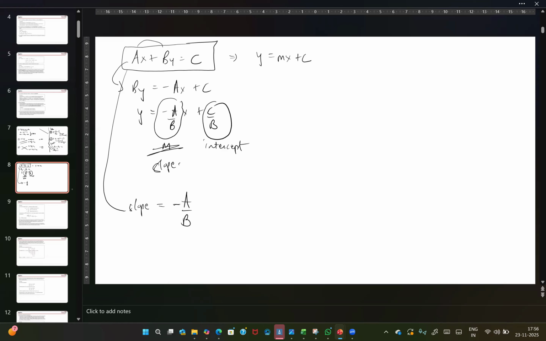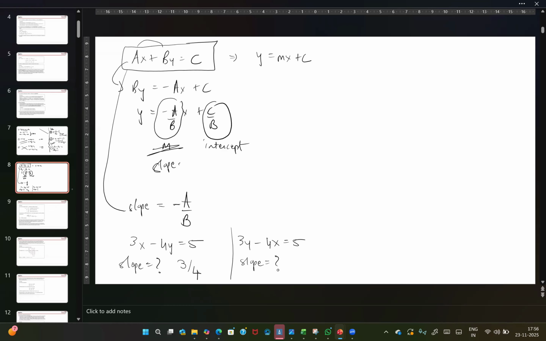So if I tell you 3x minus 4y equal to 5, what is the slope of this? This is 3 by 4. If I tell you 3y minus 4x equal to 5, what is the slope?